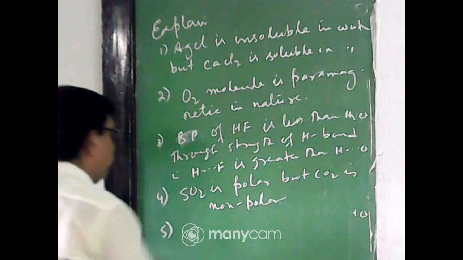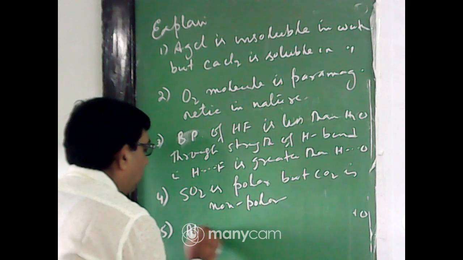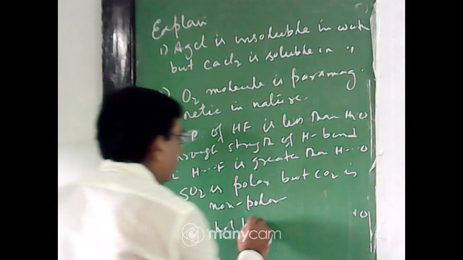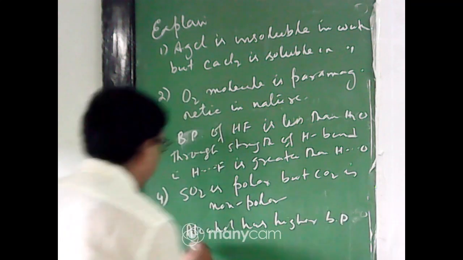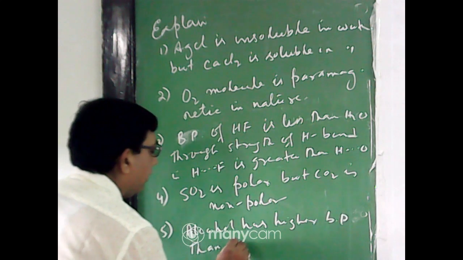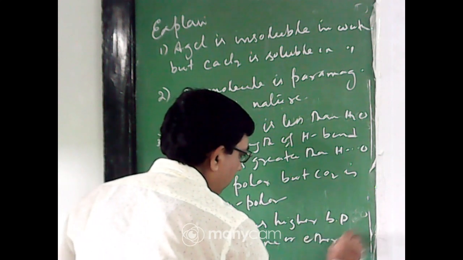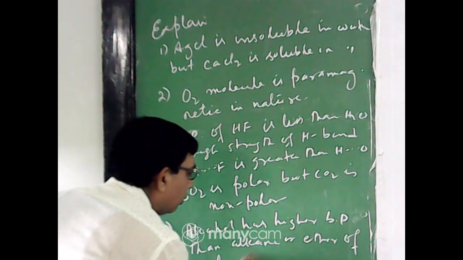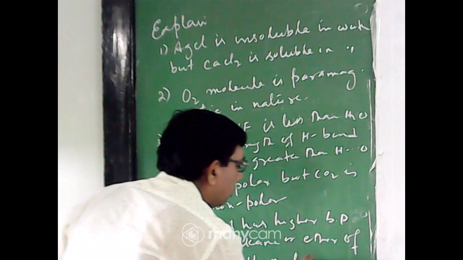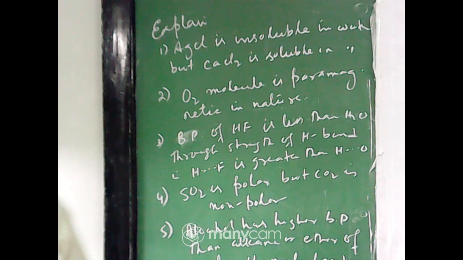And number 5, alcohol has higher boiling point than alkane or ether of comparable molecular mass. So you try to do the answers of the following questions.